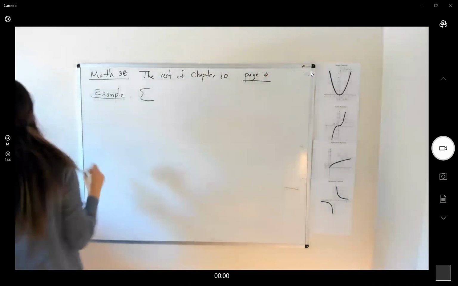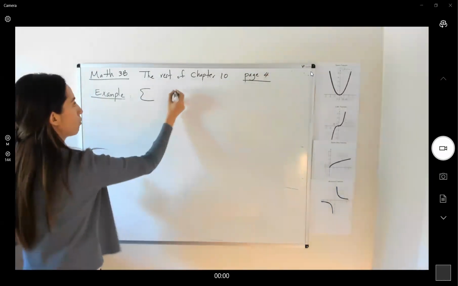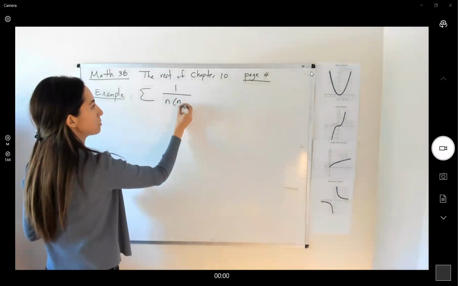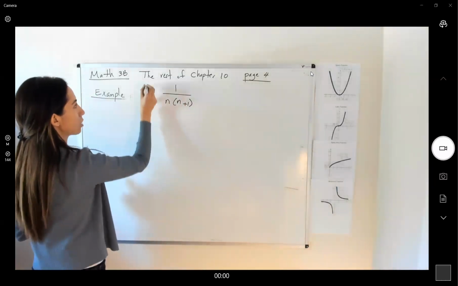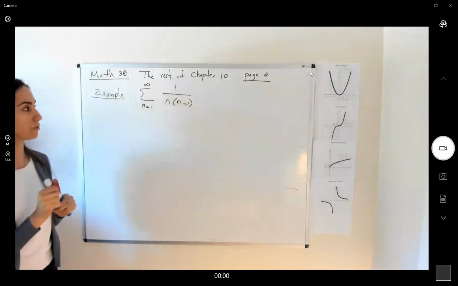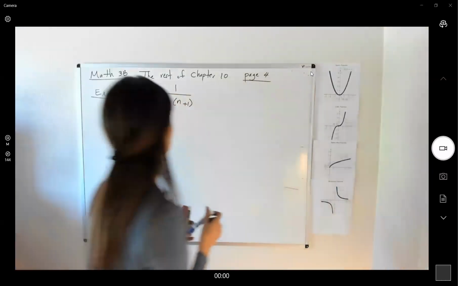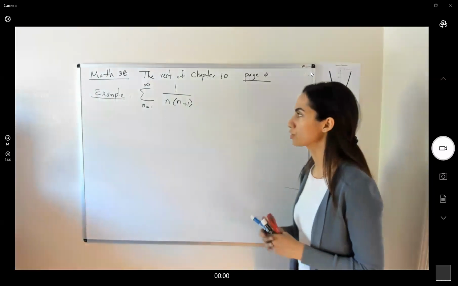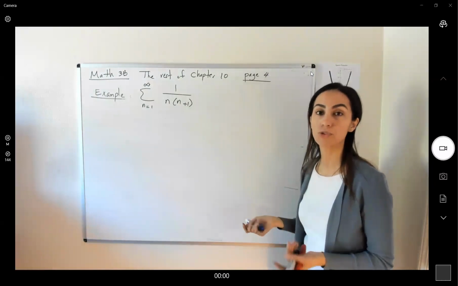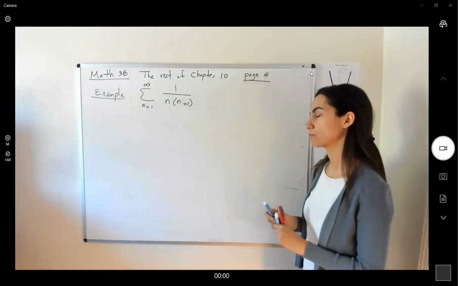The sum of 1 over n times n plus 1, n starts from 1 and goes to infinity. Okay, they have a general term. It has nothing to do with the geometric series.